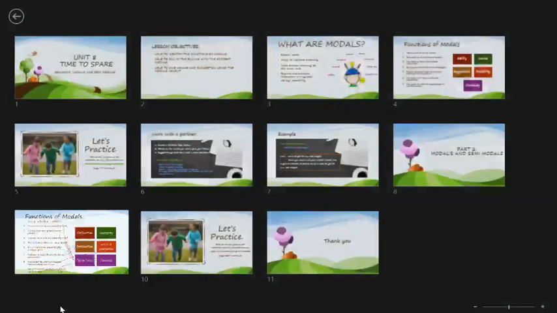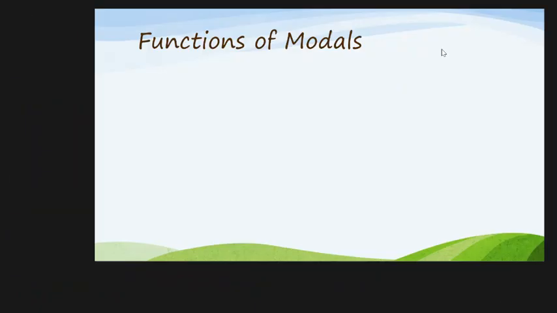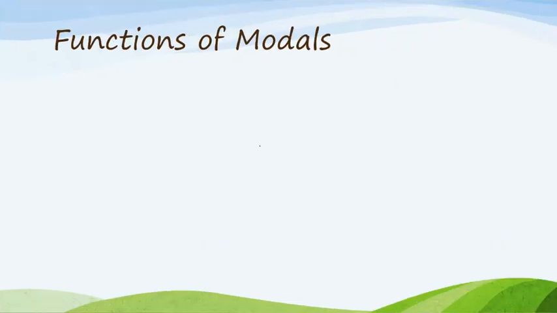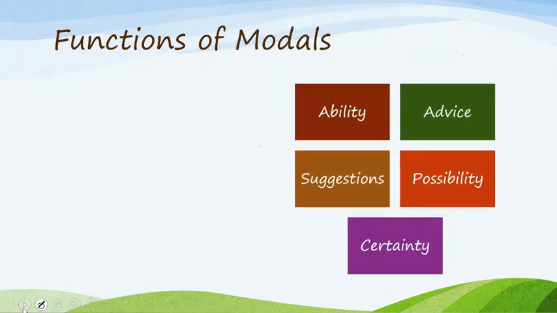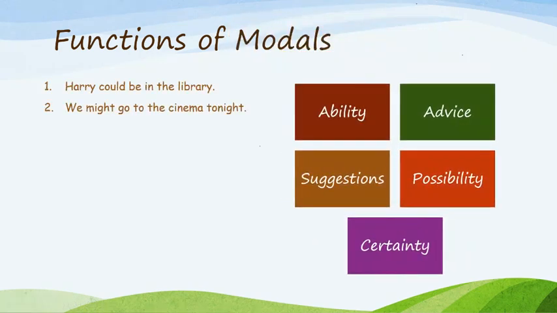So later, please copy the sentences accordingly in your book. The same thing, if you have not done yet, we have already covered functions of modals, part 1. And I would like you to also have these functions in your book, and you must copy these functions in your book, and setiap function tu kena ada satu example.